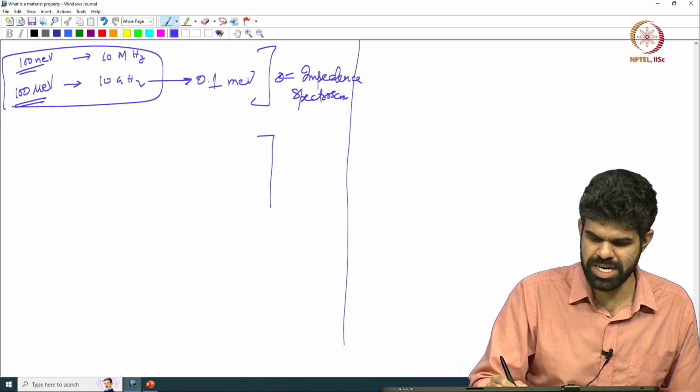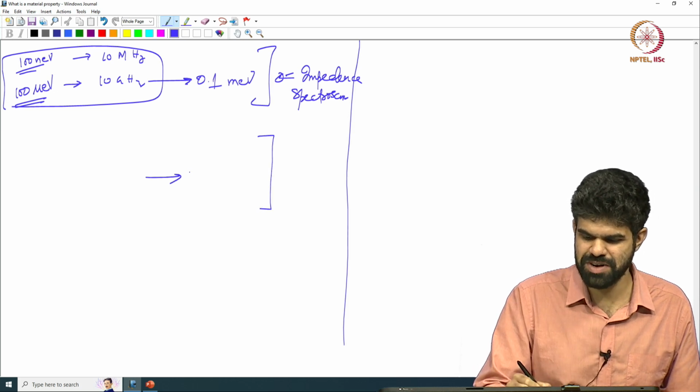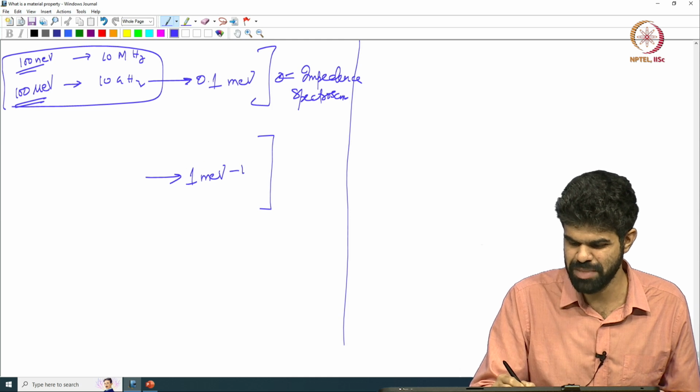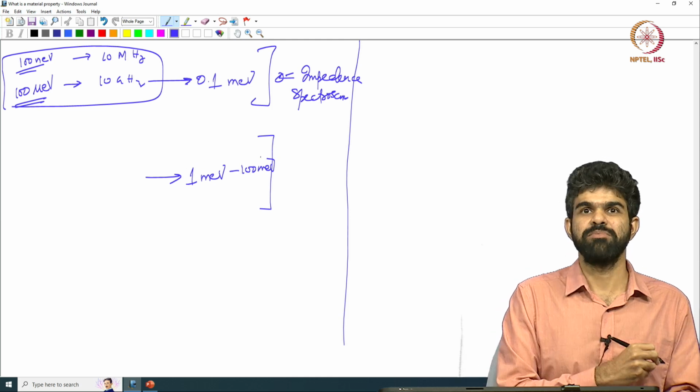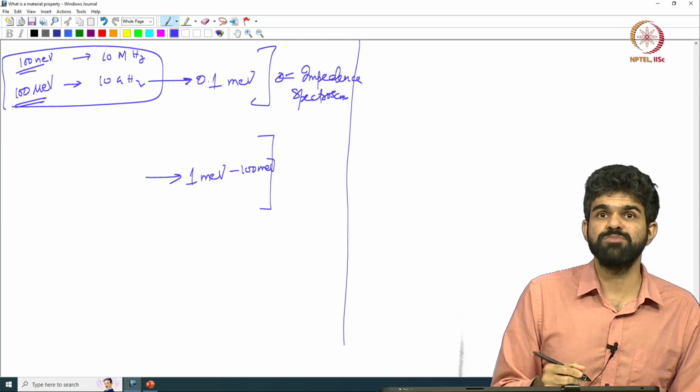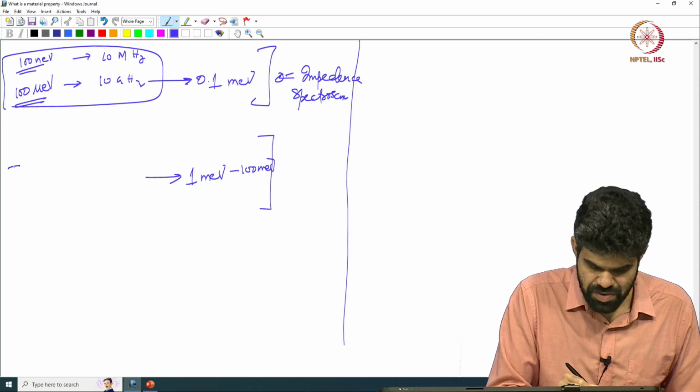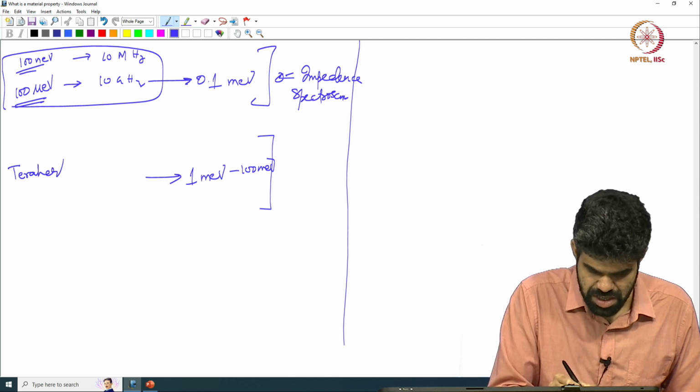Now, let us up the ante. I need to measure in the order of 1 milli electron volt and greater, up to 100 milli electron volts. There are several spectroscopic techniques to do that. One is called Terahertz spectroscopy.